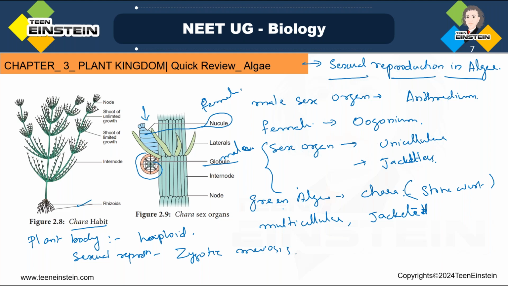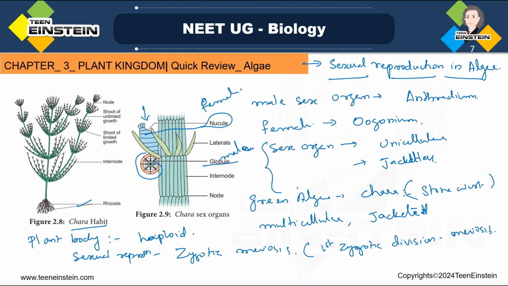Then another point we need to mention about algae: they reproduce by zygotic meiosis, which means the first division in the zygote is meiosis. First zygotic division is meiosis.